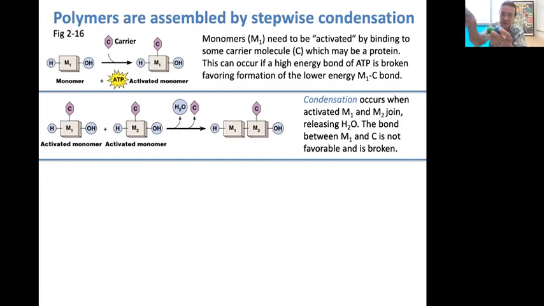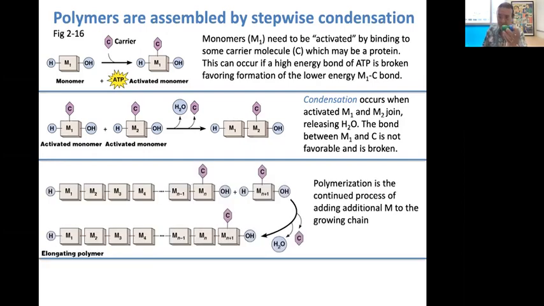It comes out and floats away, along with the carrier proteins, because once this interaction happens, the shape has changed so that this carrier protein no longer can hang on. So it floats away, and you've now started the process of making a polymer chain. So we call this process condensation. Why? Because it involves a molecule of water being ejected.